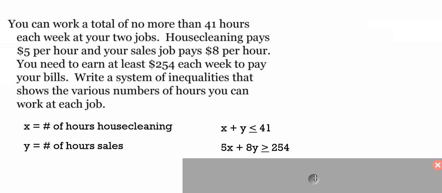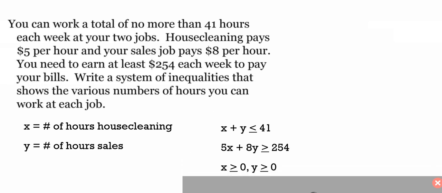I'm also going to throw in here that X and Y both have to be greater than or equal to 0, which is just covering the fact that we don't deal with negative values. It doesn't make any sense to work negative hours at a job, so we're only going to be living in our first quadrant.